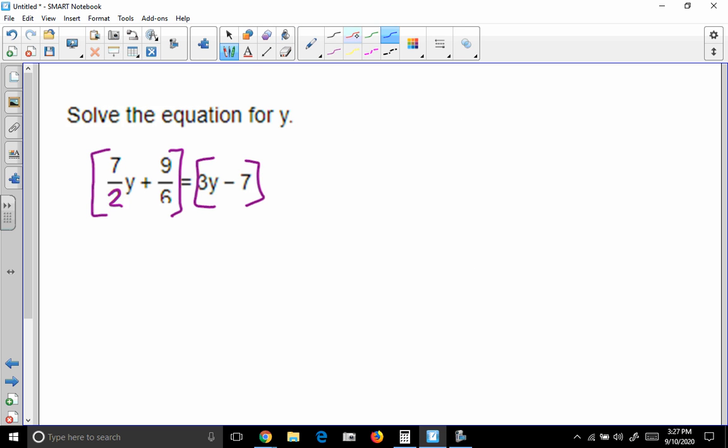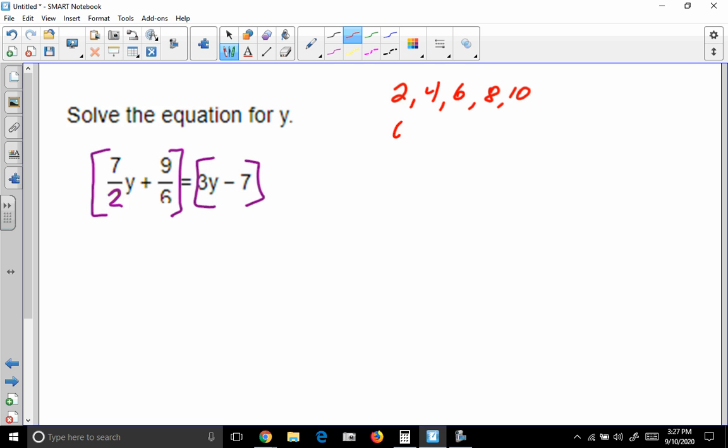If we were getting common denominators for these two fractions, our common denominator would be 6. Remember, a common denominator is a multiple of this and a multiple of that. Multiples of 2 are 2, 4, 6, 8, 10.